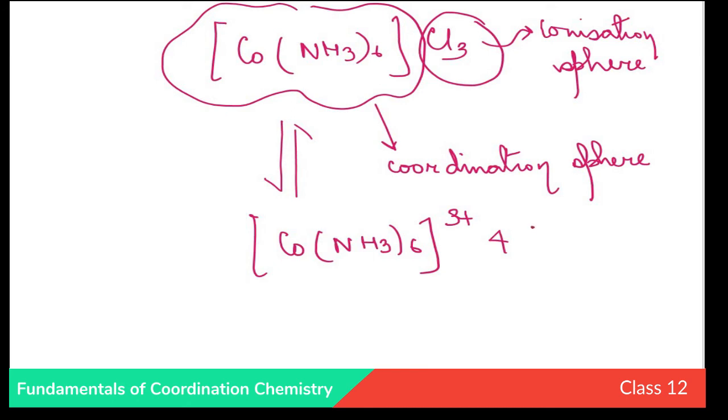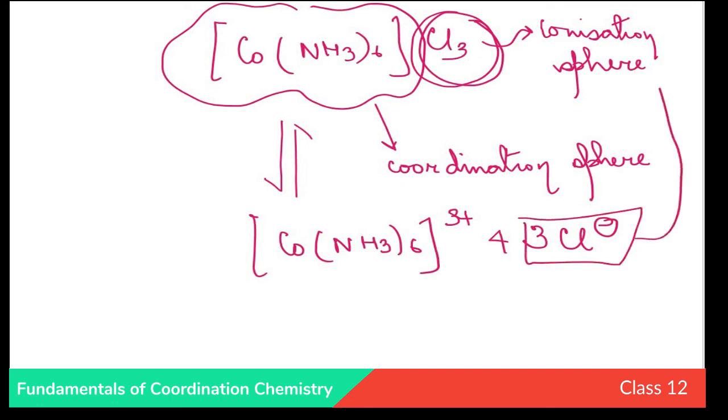It does not happen, right? Only the one outside the coordination sphere splits into its corresponding ions. Since it splits into its corresponding ions, it is referred to as the ionization sphere. And the one within the third bracket does not dissociate, and that part is referred to as the coordination sphere.